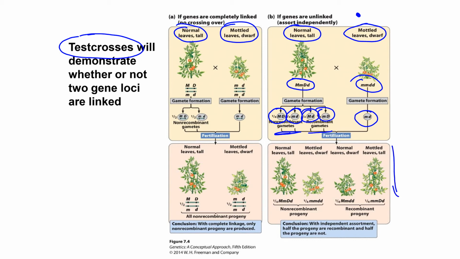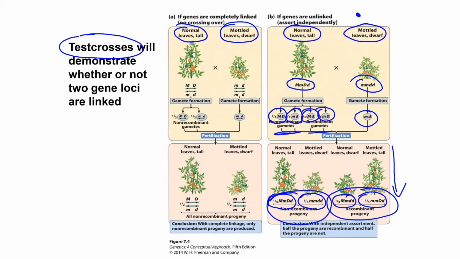Within each group, you will have equal numbers of dominant and recessive, and an equal number of each recombinant. So this is the outcome which you get with a test cross if two genes are unlinked. You will get a ratio of 1 to 1 to 1 to 1.